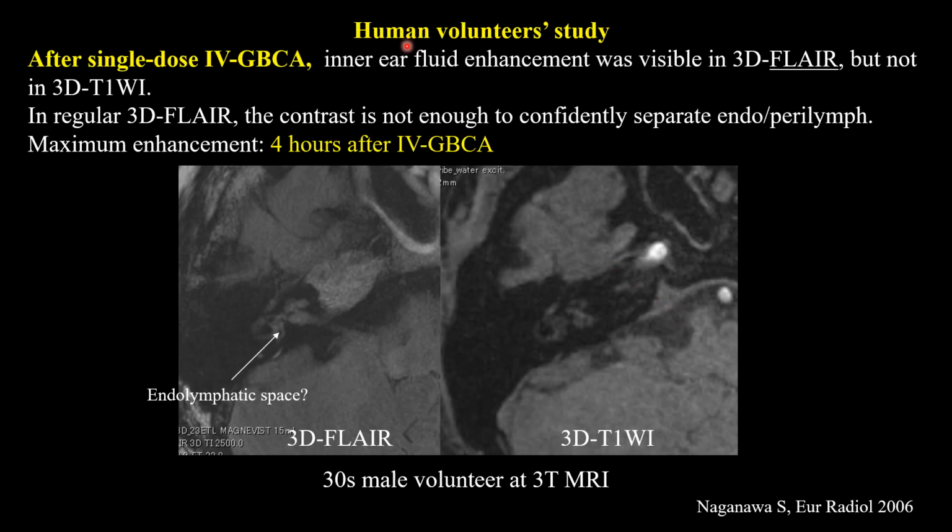First, long time ago, we did a human volunteer study after single-dose IV GBCA, and we have shown that the inner ear fluid enhancement was visible in 3D FLAIR, but not T1 weighted image. In this regular contrast 3D FLAIR, the contrast is not enough to confidently separate endo and perilymph, and maximum enhancement was obtained at 4 hours after intravenous injection of GBCA.